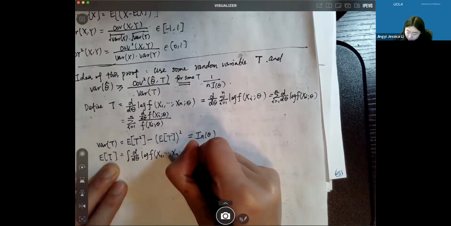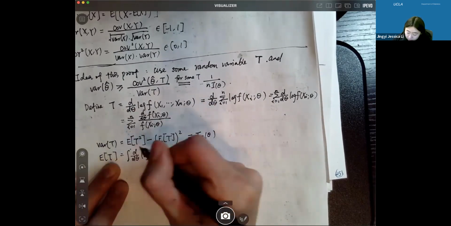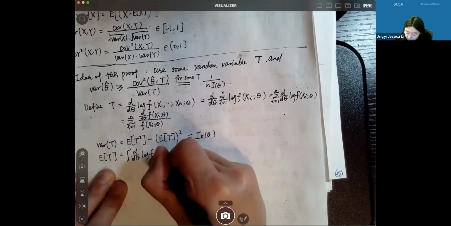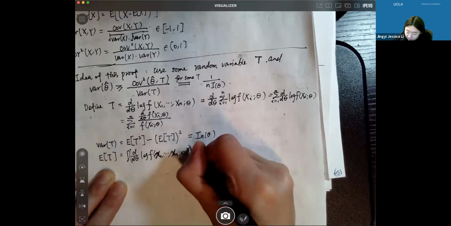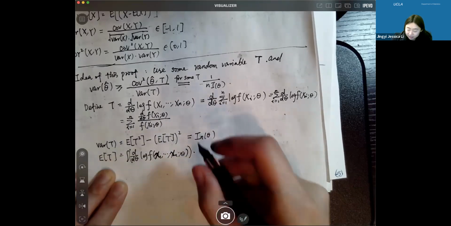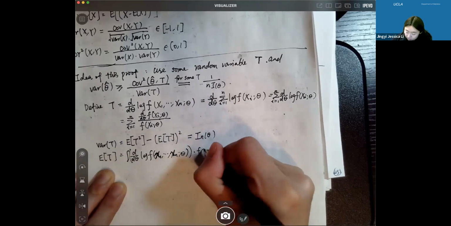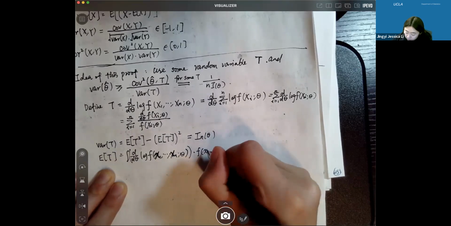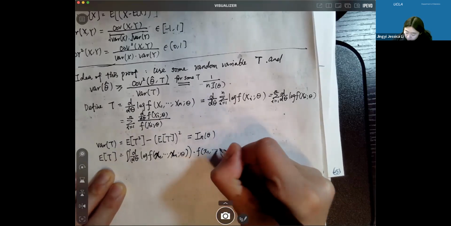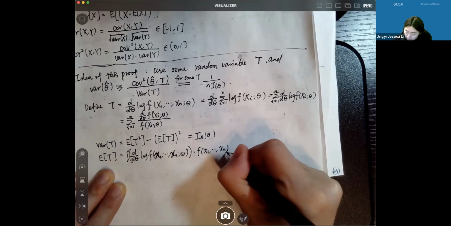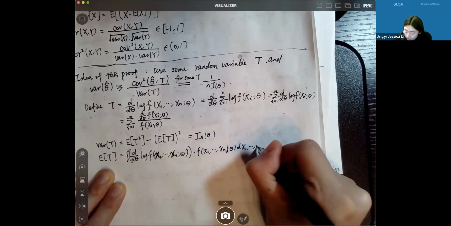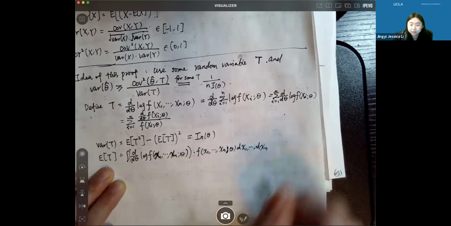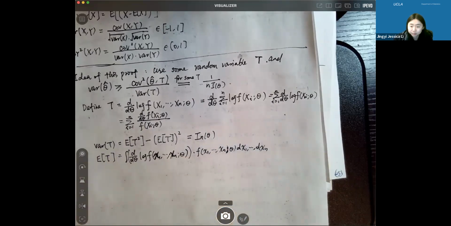I should write small x1 to small xn, this thing times the joint density dx1 to dxn. This is the definition of the joint expectation.